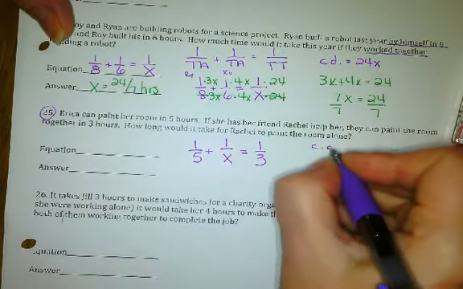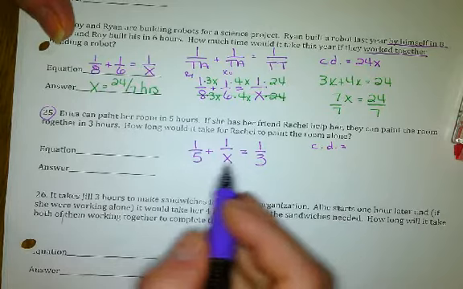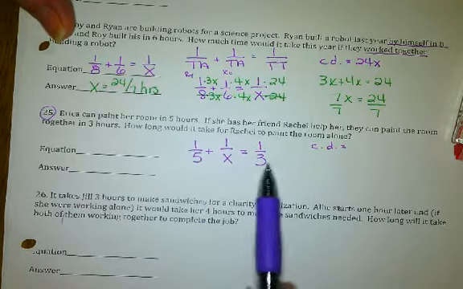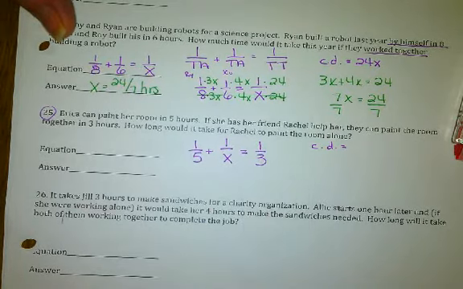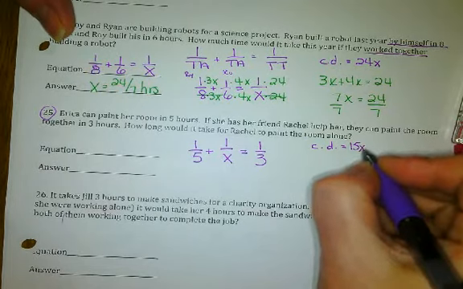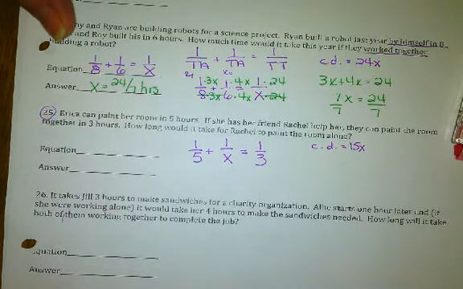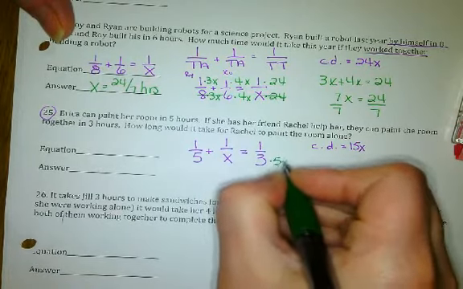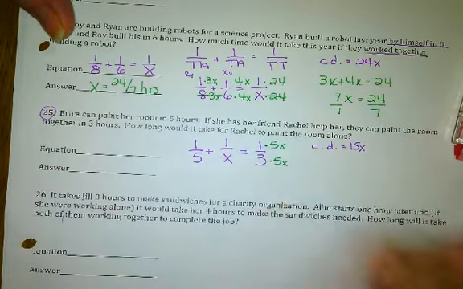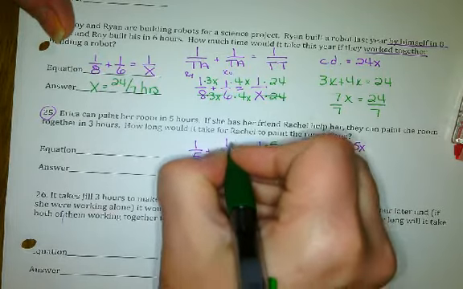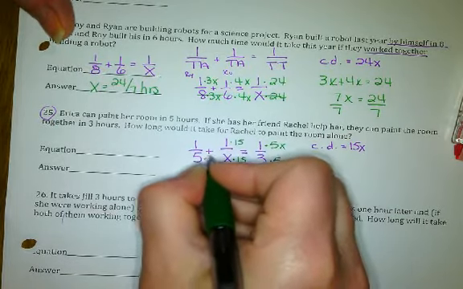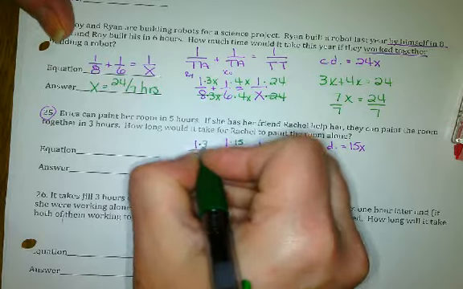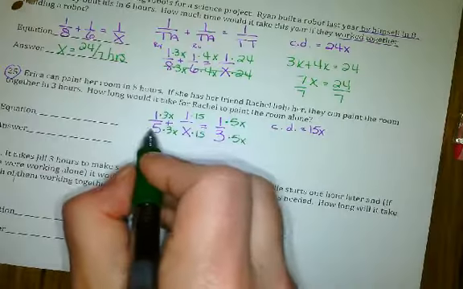Okay, again, if I'm looking for a common denominator, I can just multiply straight across. So 5 times 3 is 15, times x is 15x. So everything I do here is going to try to get this to 15x. So times 5x, times 5x, times 15, times 15, times 3x, times 3x.